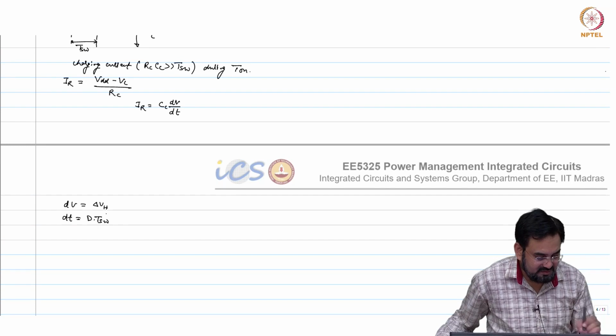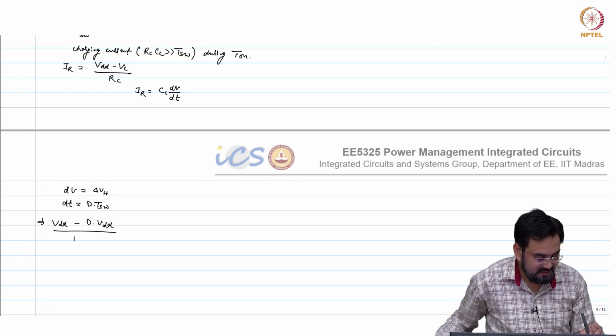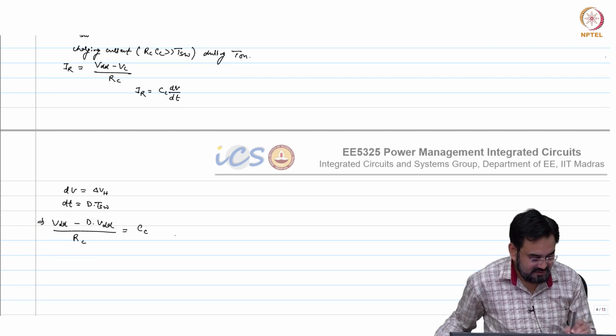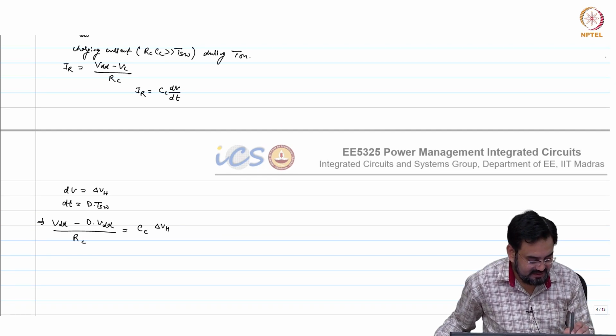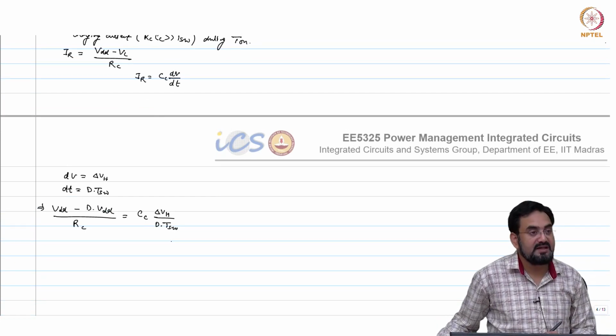Now, you will substitute those equations and I can find from there. So IR is nothing but VDD, so this implies VDD minus Vc is nothing but D times VDD over RC, equal to Cc delta Vh over D times TSW, correct?